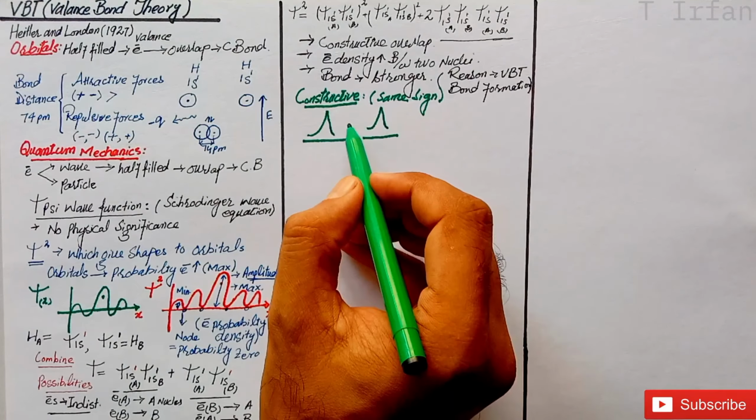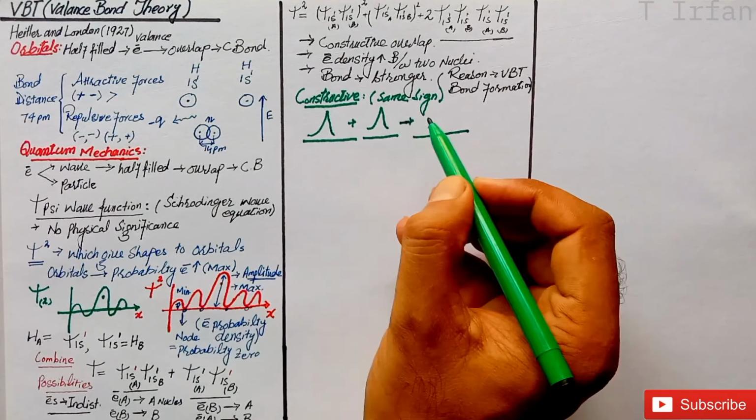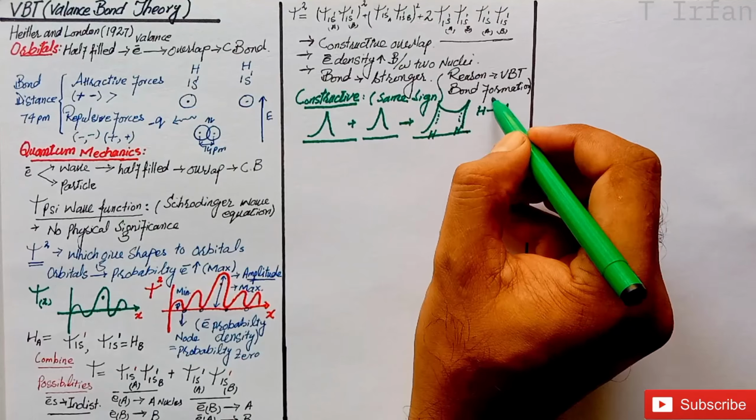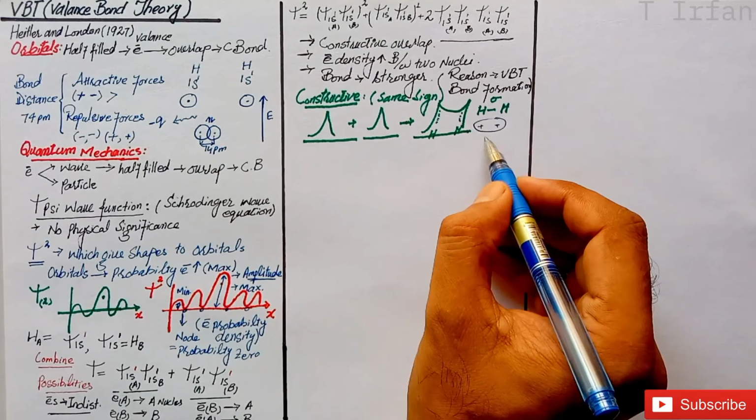When these waves overlap, this increases the amplitude and increases the electronic density between the two nuclei. As the electronic density between the two nuclei increases, this leads to stability of the bond. This is the way a sigma bond is formed, which has maximum electronic density between the two nuclei.